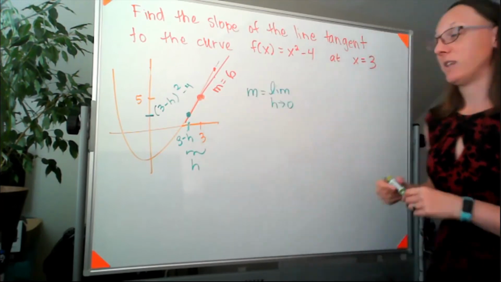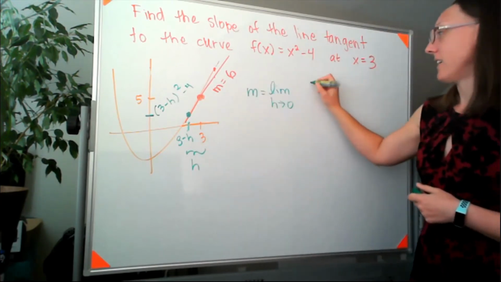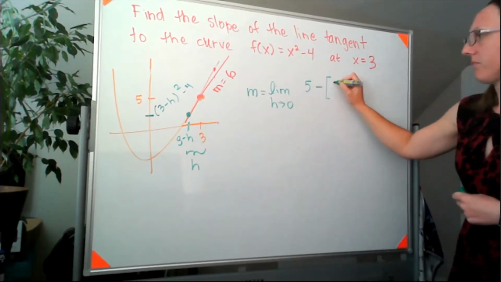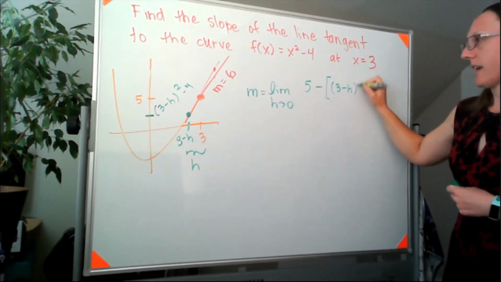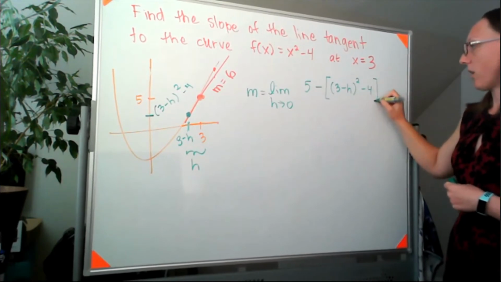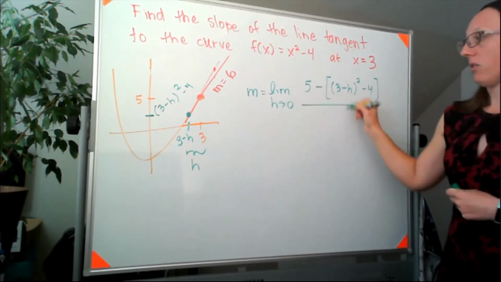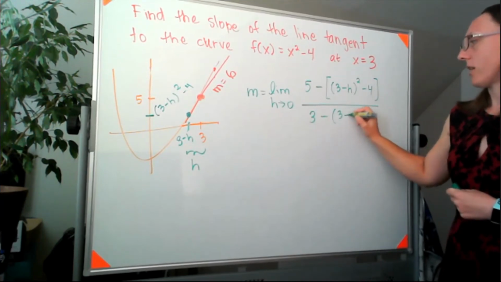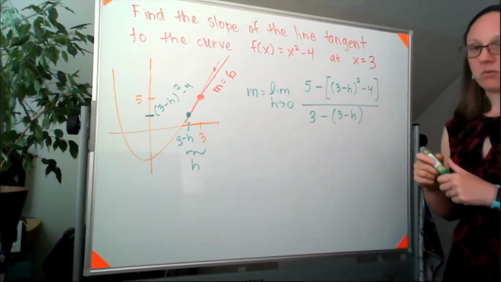So convention would then have us write this as 5 minus 3 minus h squared minus 4 all over 3 minus 3 minus h.